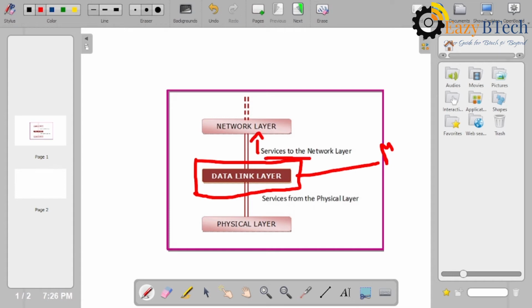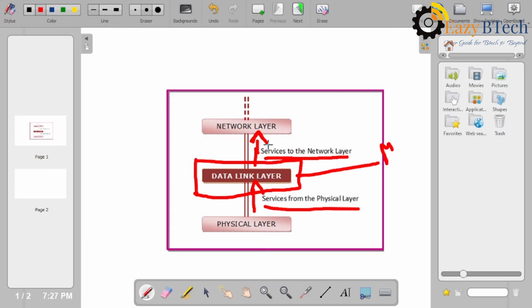What are the services that we have to provide? The services to the network layer. See, services from the physical layer. So it takes the services from the physical layer and it will give those services to the network layer. I already said that the data link layer will act as a mediator between the physical layer and the network layer.